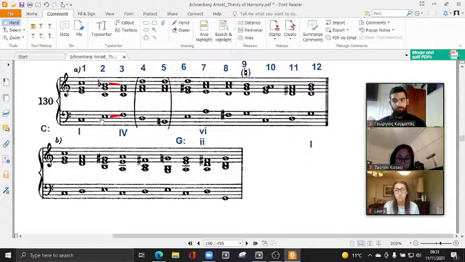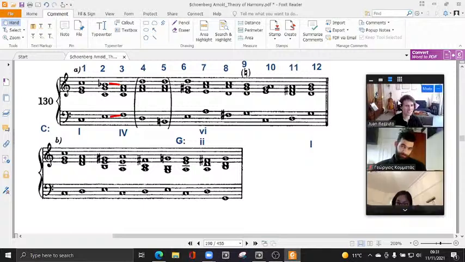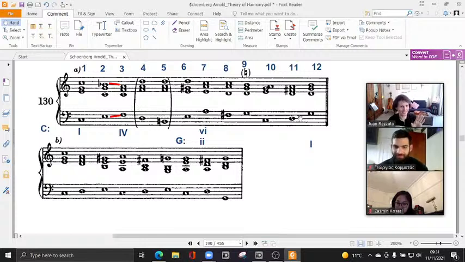Now, this is the most difficult question. Laura, to which mode are we going to link this dominant seventh? It's not the Dorian.